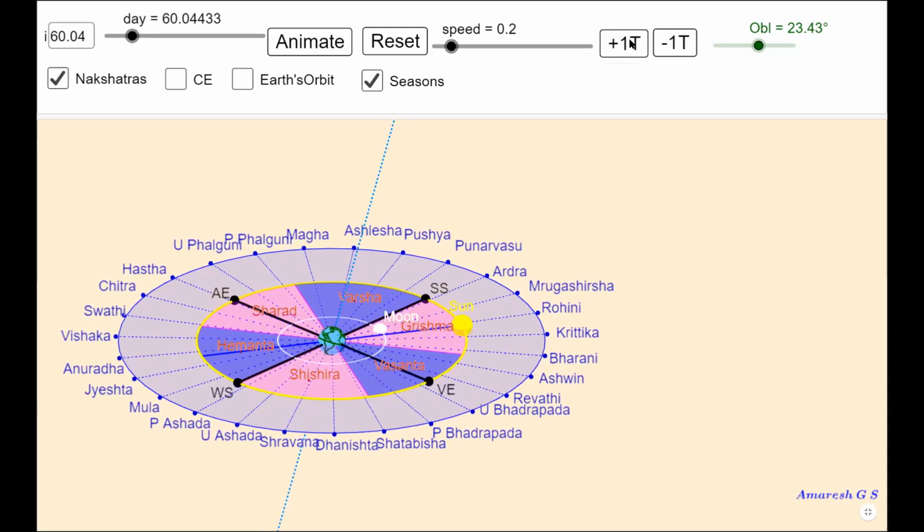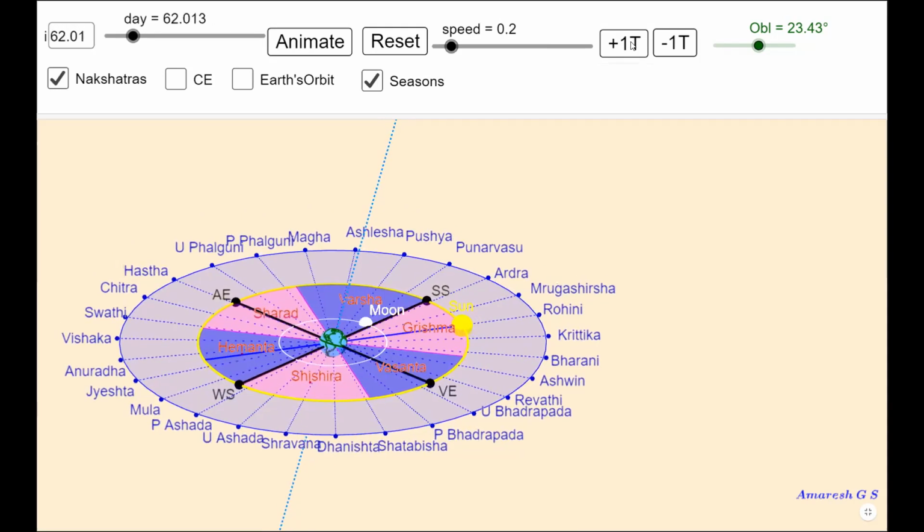I'll go a couple more days this time. Okay, so 31, 32. As I said, it may take anywhere from 29 to 32 days. So now the sun is at the halfway point of the Grishma season. The first month of Grishma is over. The second month of Grishma is yet to begin.